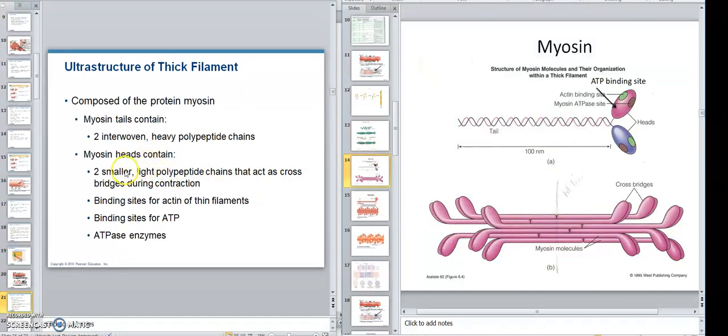The myosin head contains two smaller, lighter polypeptide chains, so up here, not only do you have this, but a couple of other polypeptide chains too. And it has a binding site for actin, a binding site for ATP, and the ATPase enzyme on each head in one myosin molecule.